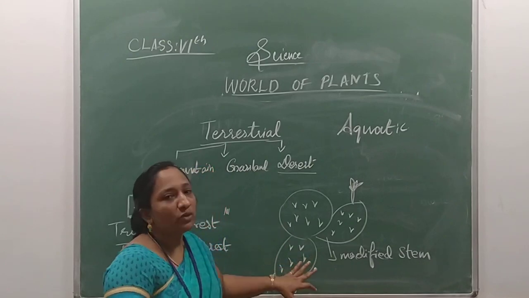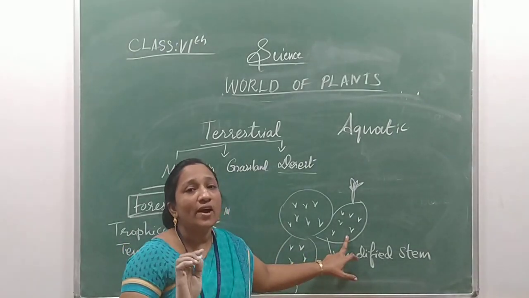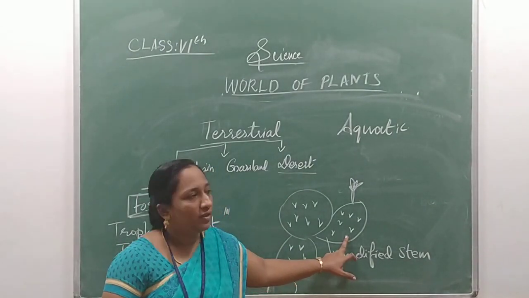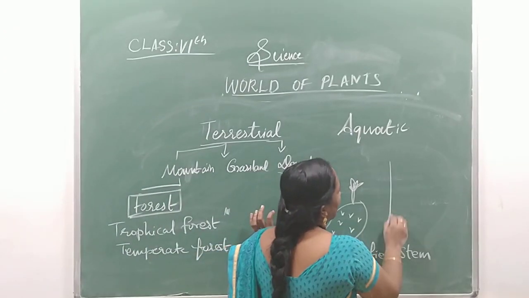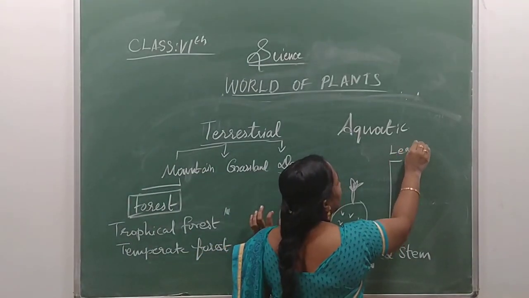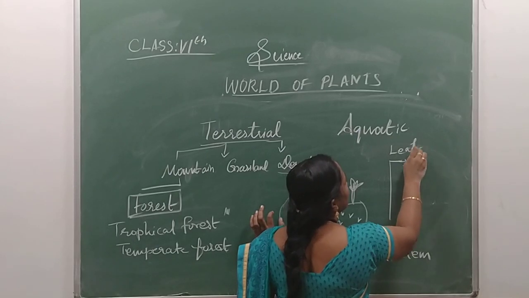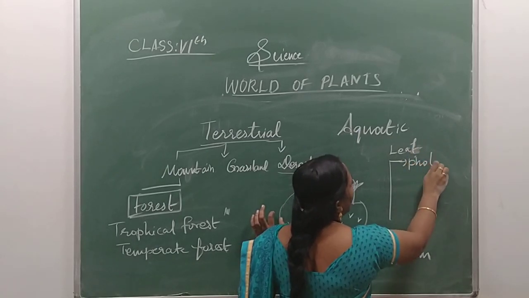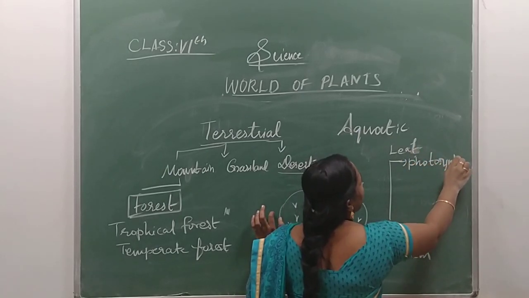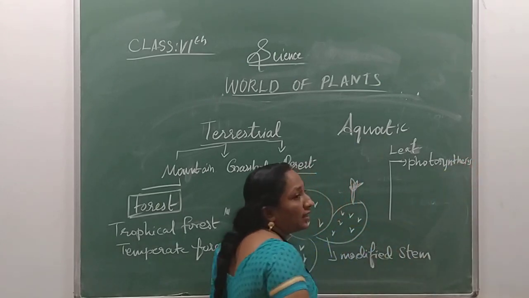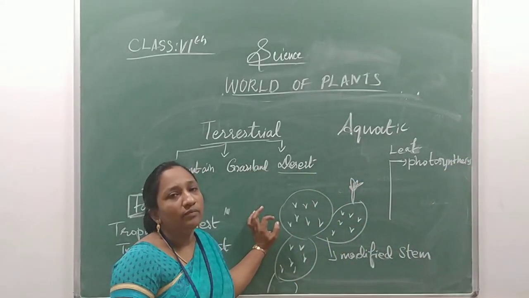Why is it modified into stem? We know the function of leaf. What is the function of leaf? First, leaf does photosynthesis. What is photosynthesis? The leaf can prepare its own food.